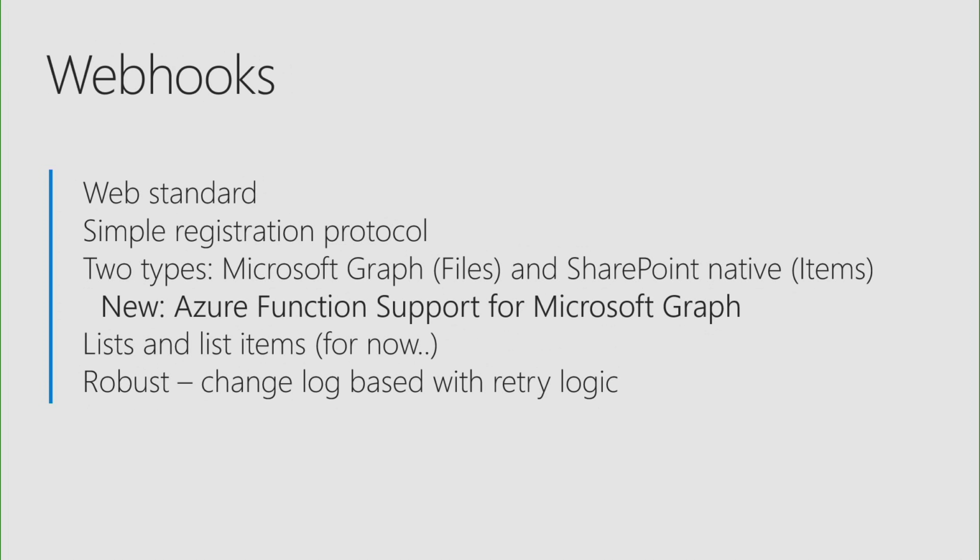It starts with a simple registration protocol where Service A says to Service B, hey, I'm interested in responding to actions that happen inside of you. Here's my endpoint that you should go call. Service B will then call Service A and say, okay, are you able to handle this? Service A says yes, and voila, the webhooks get registered.